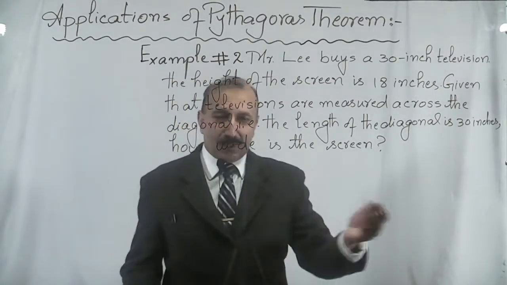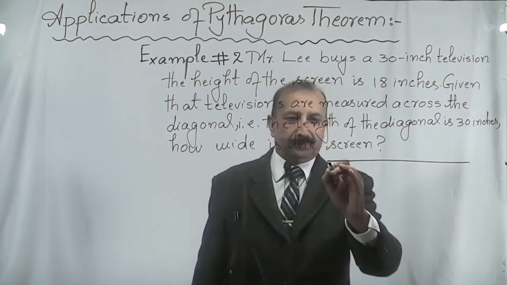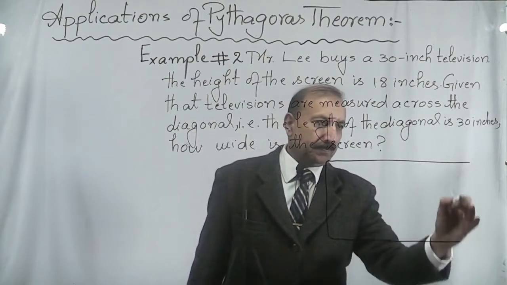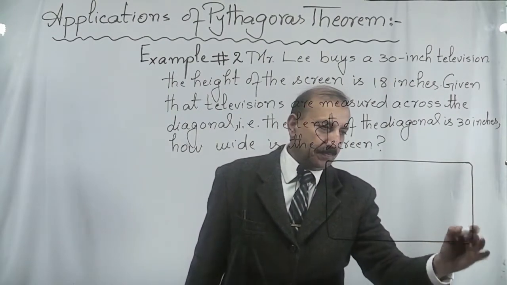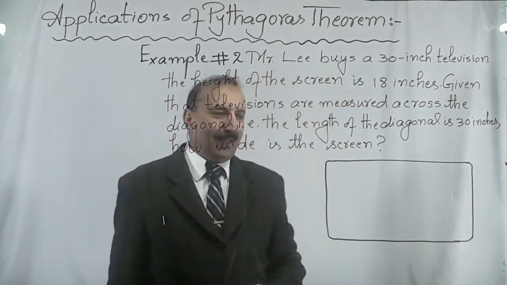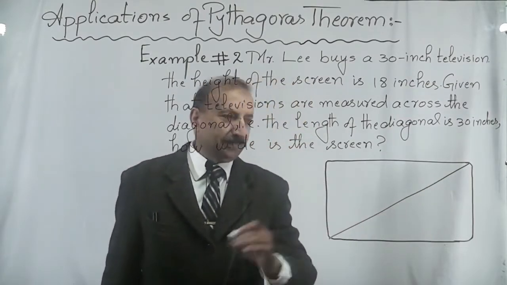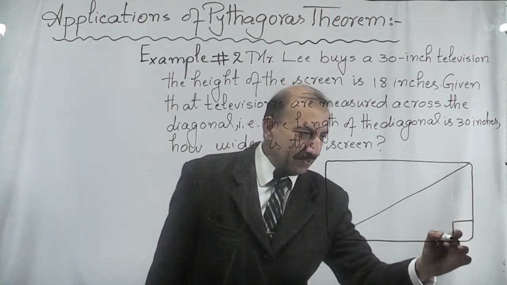This television, let's draw its picture. For example, here is the television. And this is the diagonal length. And definitely here is a right angle.